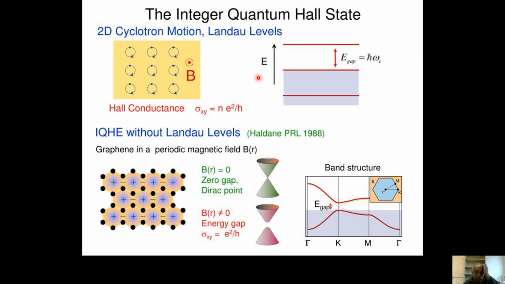Also, we know if you look at a material and apply an electric field, what will happen? Usually electrons move in the direction of that electric field, right? Now if I apply a magnetic field, we have a Lorentz force, so it will make a kind of spiral motion.